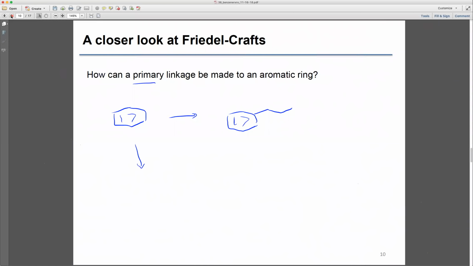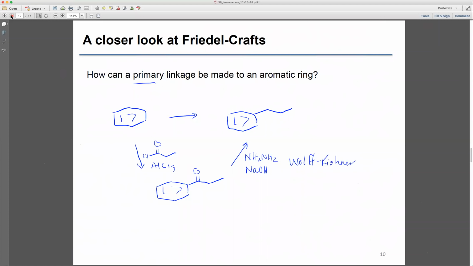We can add an acyl group to this, to attach the 3 carbons, and then we can use a reduction. This is a particular reduction step known as the Wolff-Kishner reduction.